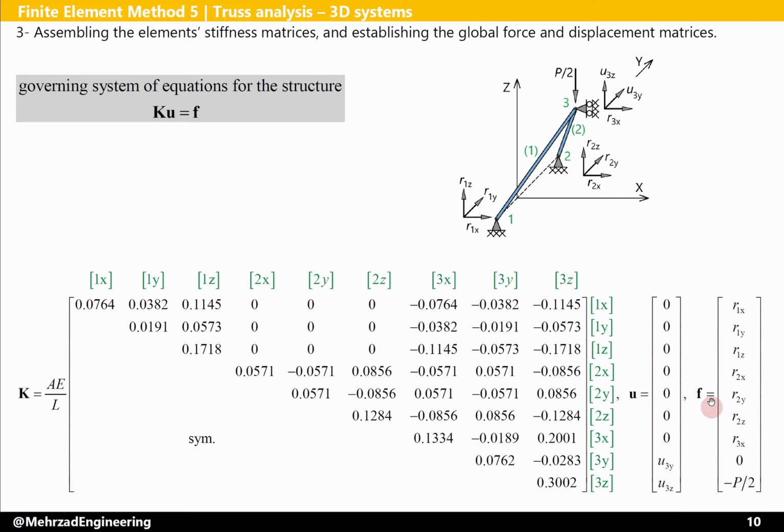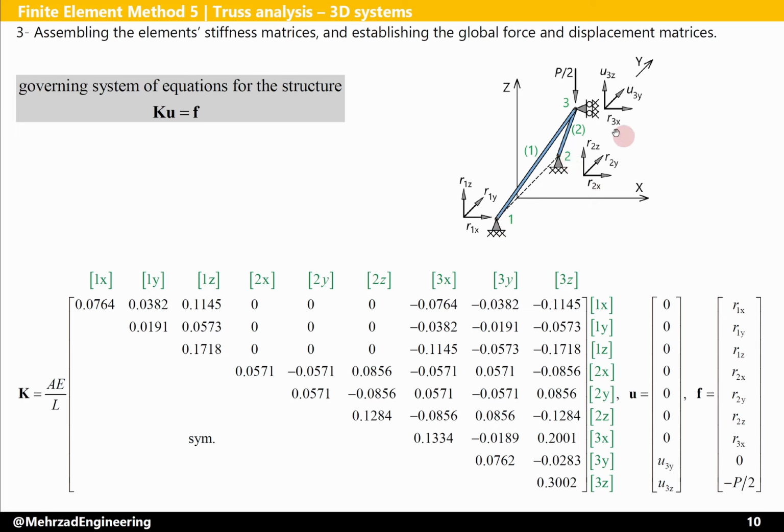To find the external force matrix, we know that at node 1 and 2 all the movements are closed, so we have unknown reactions at node number 1 and node number 2 in all directions.